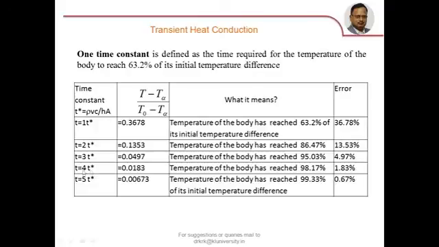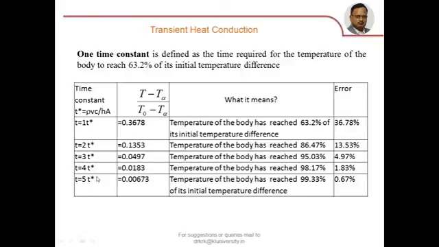So if you take the reading after 4 time constants, what is one time constant? Rho VC by HA. In our example, we have taken it as 5 seconds. That means after 20 seconds, if you take the reading, the temperature of the body has reached 98.17% of the initial temperature difference. Still, you encounter 1.83% error.